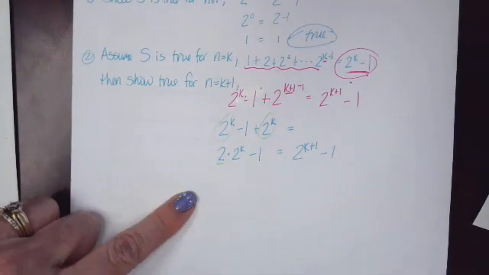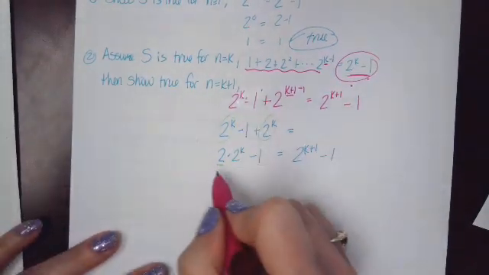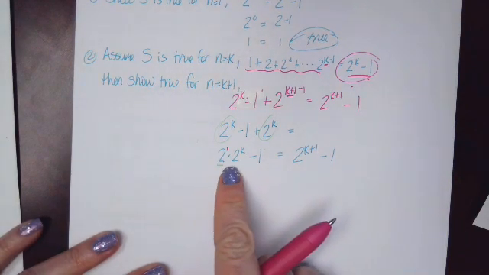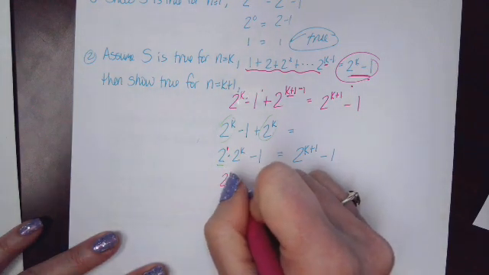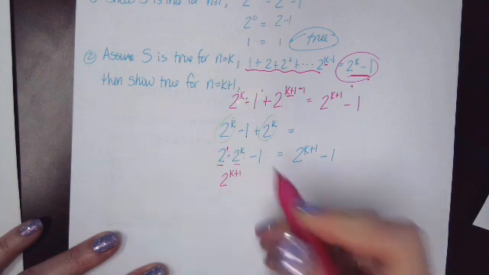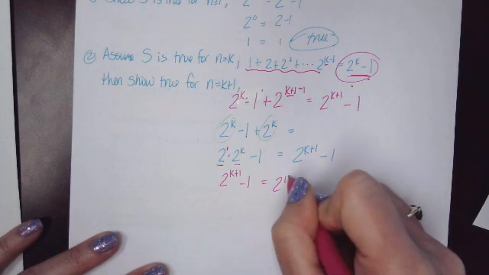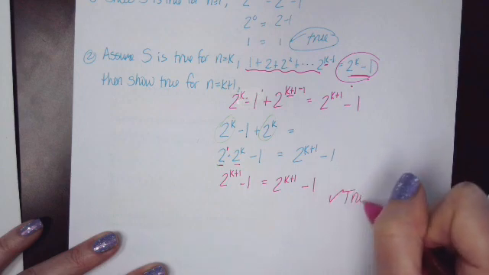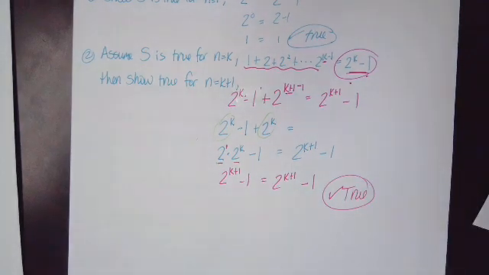All right, next step. Well, this 2 is the same thing as 2 to the first power. And if I'm multiplying the base, my rules say that I add the exponents. So this could be rewritten as 2 to the k plus 1. Multiplying the base, add the exponents. Now both sides match, and so I have proven it to be true using proof by induction.